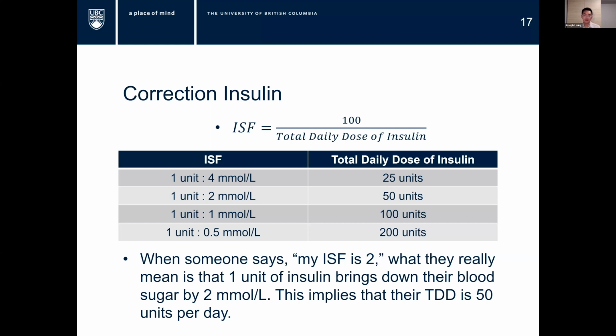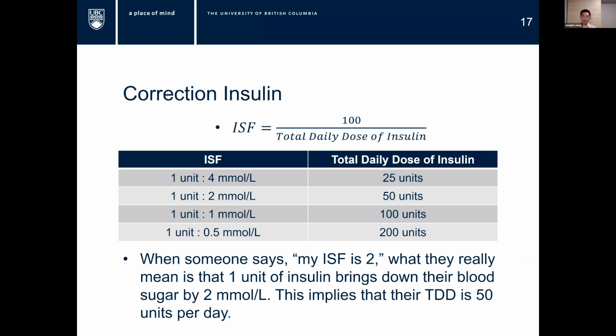I think the other very interesting thing to notice here is that the ISF and carb ratio equations look kind of similar. And how it's similar is that a carb ratio is about 5 times that of an ISF, or in some textbooks, it might be 4.5 times the ISF. So if you notice somebody's carb ratio is 2 times their ISF, that's a little bit of a red flag.